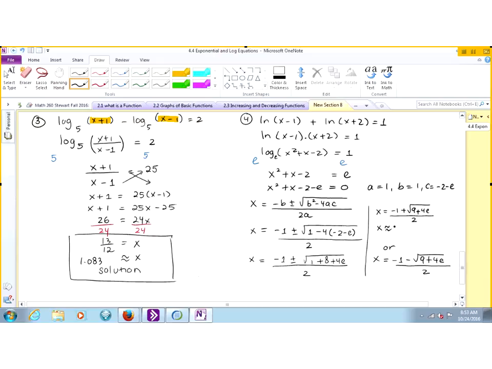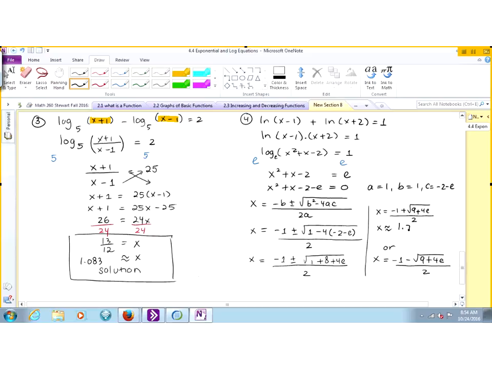So, what is this value approximately? I think the second one is not a solution because it's negative, but let's see. Let's just get what the approximate value is. Negative 1 plus square root of 9 plus 4e divided by 2.